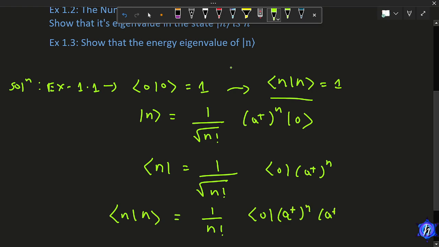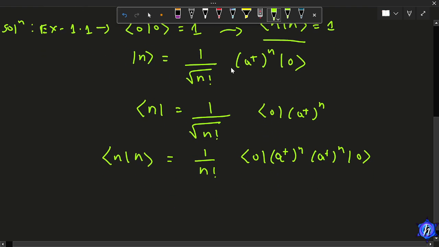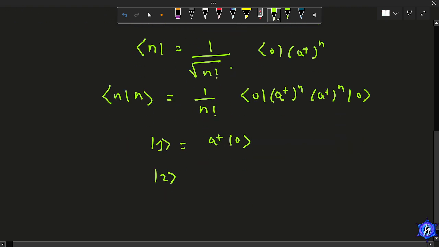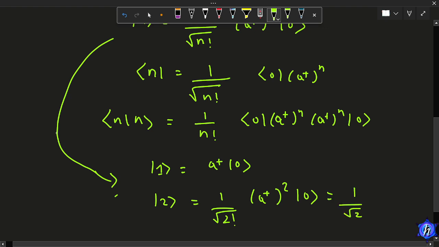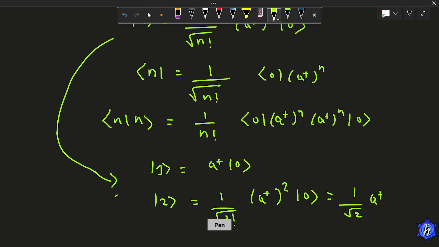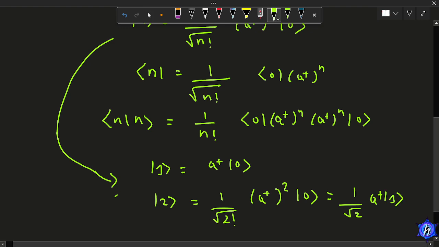The first excited state is written as this, and the second excited state can be written as 1 upon root 2 factorial (a dagger)^2 on 0, which is equal to 1 upon root 2 a dagger on the first excited state. I'm just plugging numbers into this equation.